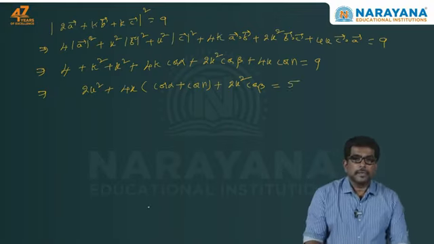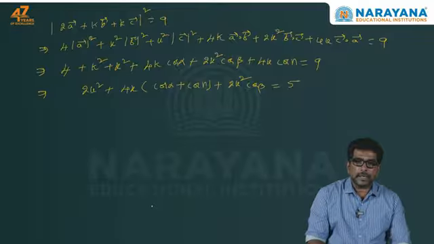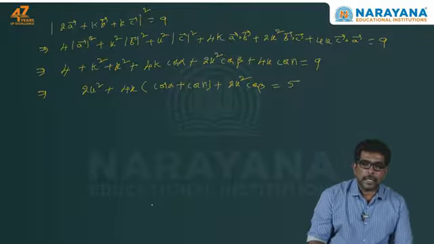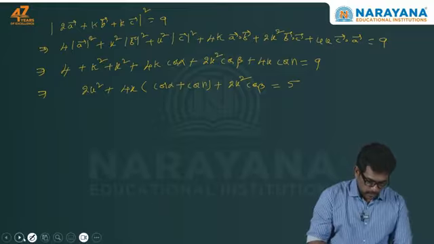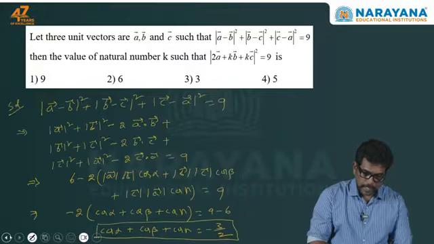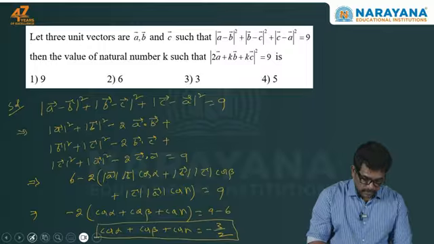Now to get the k value we want cos alpha, cos beta and cos gamma. From the given, it is memory based, there may be some data insufficient.